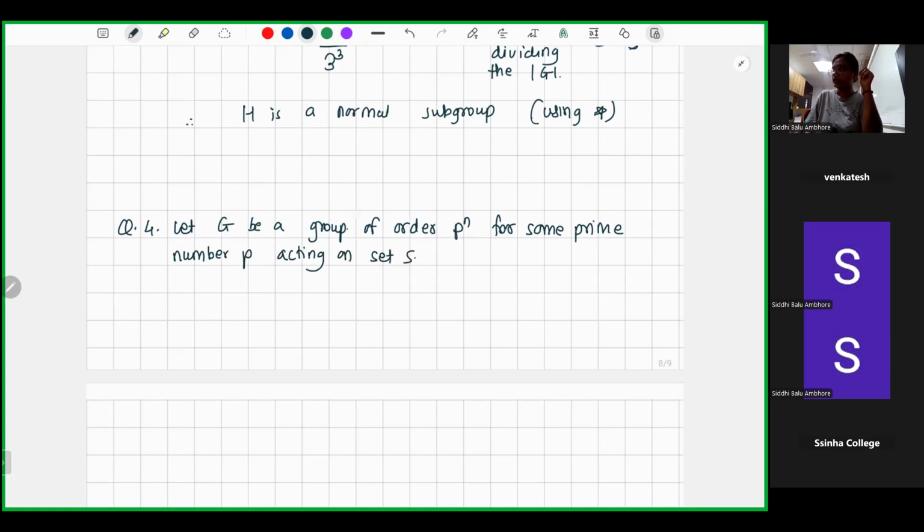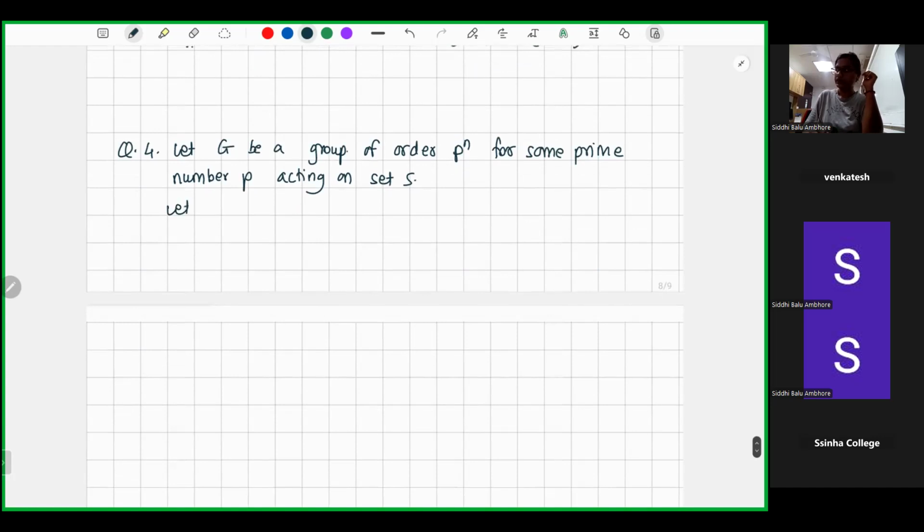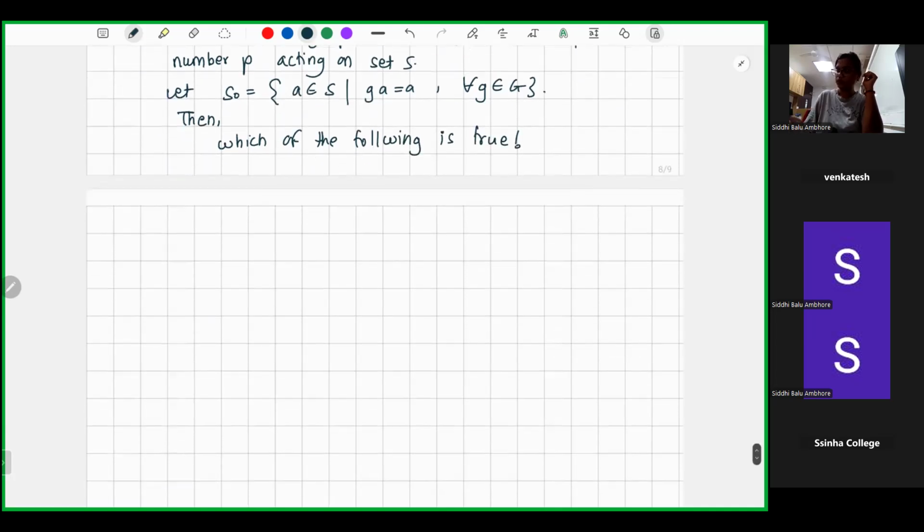acting on set S, and let S naught be equal to the set of A in S such that gA is equal to A for all g in G. Then which of the following is true?